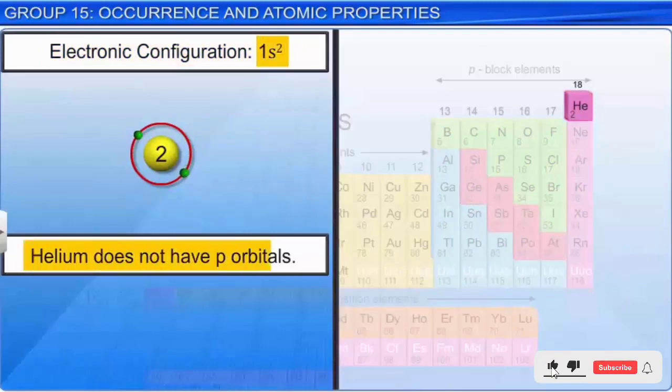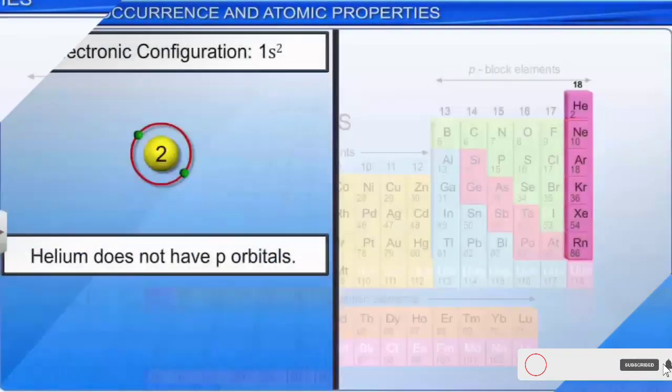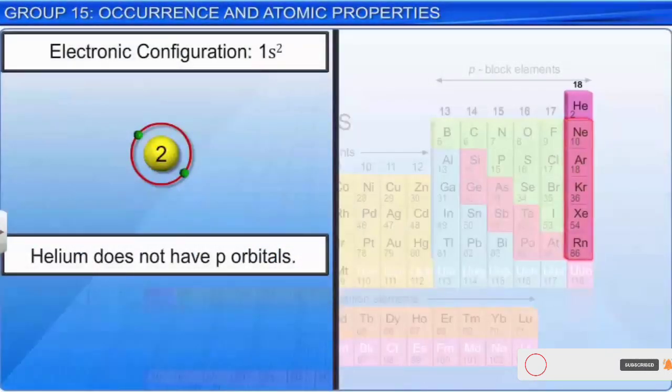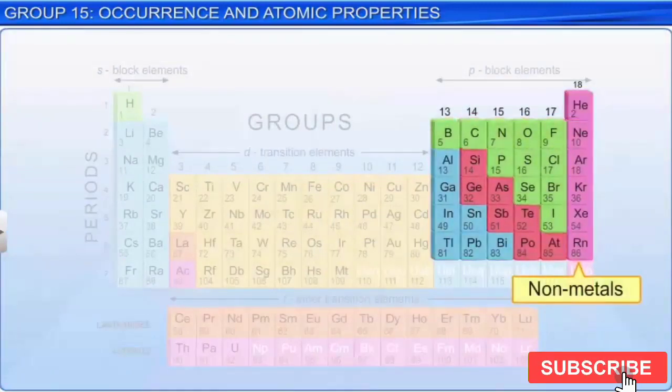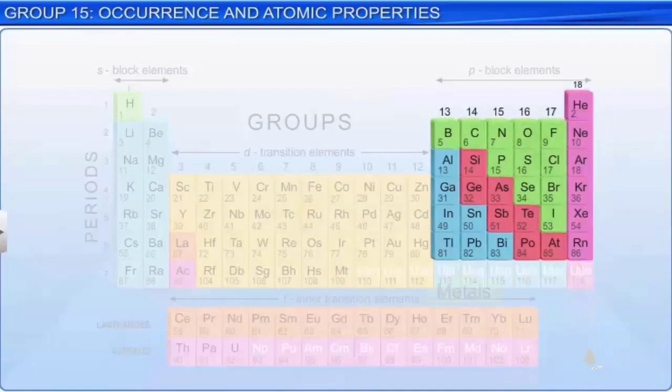Although helium does not have p orbitals, it is a p block element because it resembles the other elements of the 18th group with respect to their properties. Most of the p block elements are non-metals, while the remaining are metals and metalloids.